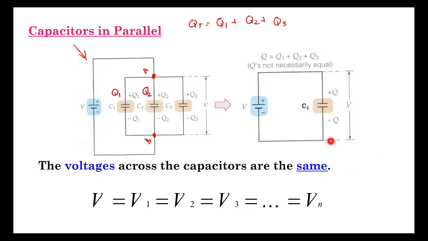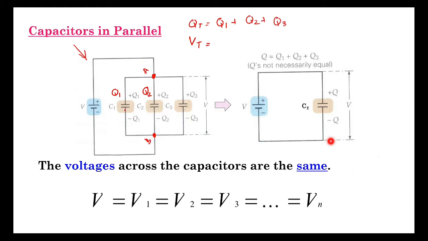Okay, so for voltage, the total potential is equivalent to the potential of every capacitor that is connected in parallel.